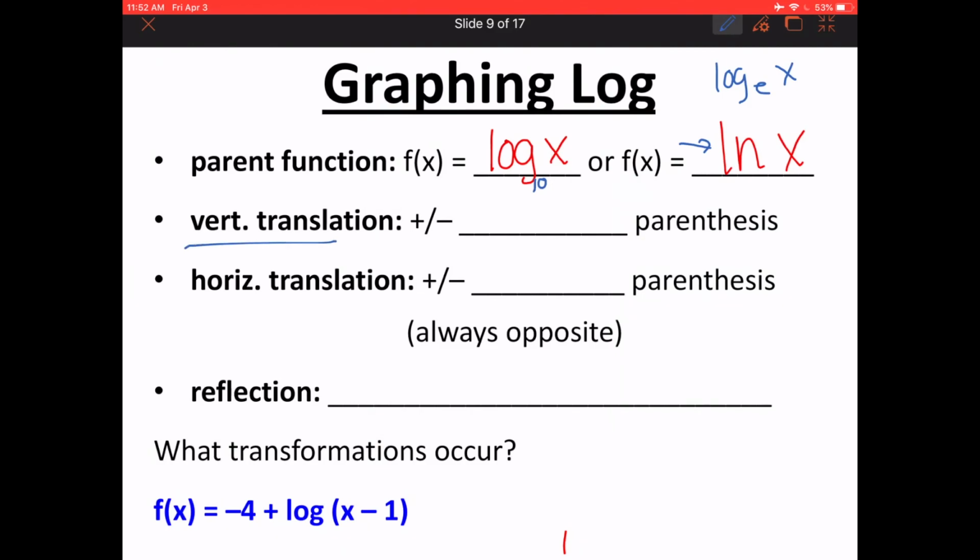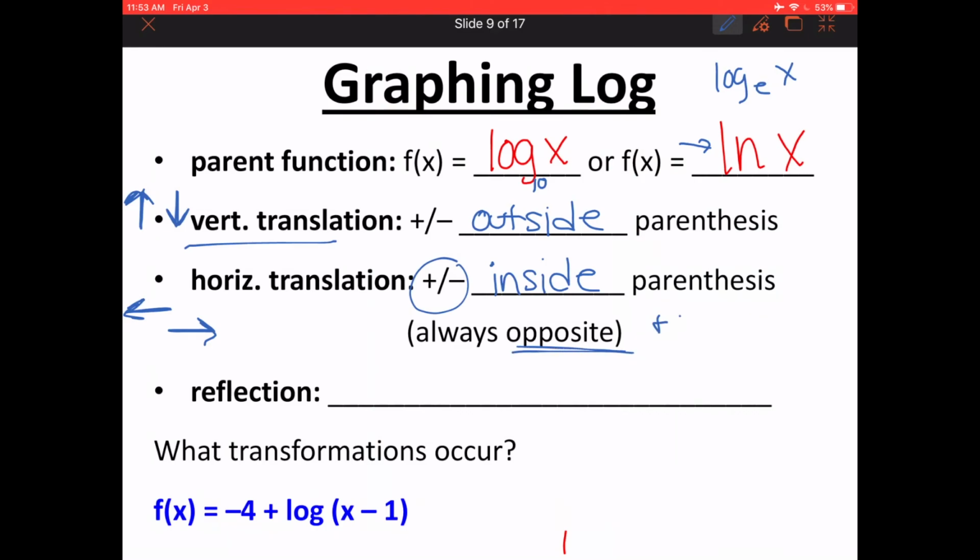A vertical translation means that you are moving up or down, so you are adding and subtracting outside the parentheses. A horizontal translation means you're moving left or right, so you are adding or subtracting inside the parentheses. And keep in mind that horizontal translations are always the opposite.